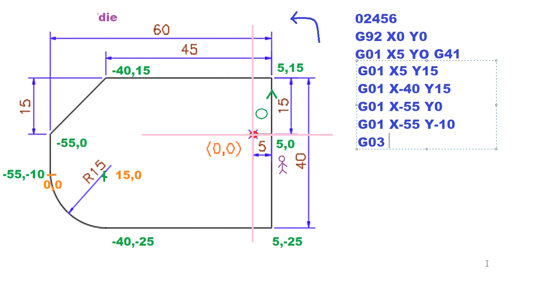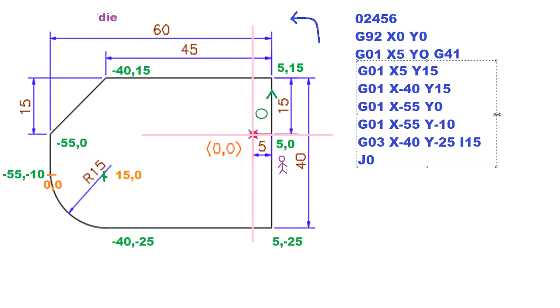X minus 40 Y minus 25. And then don't forget we need to put the center of this radius, for which we use I. I for X, I15, J for Y, J0.